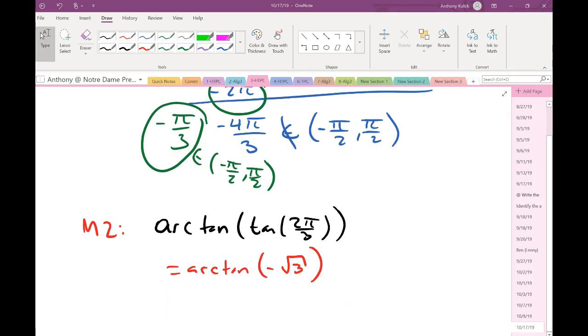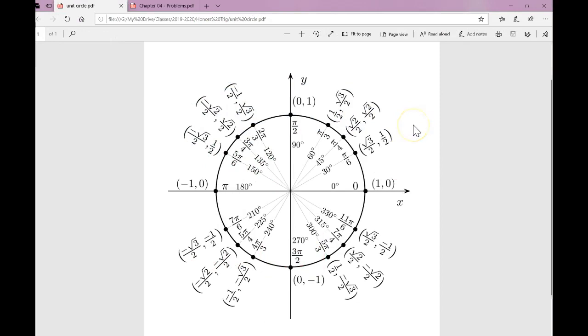And now I'm going to go back to my unit circle and locate the places where tangent is equal to negative square root 3. So it's here at 2 pi over 3, and it's down here at 5 pi over 3, because this divided by this is negative root 3. Everybody's okay with that?